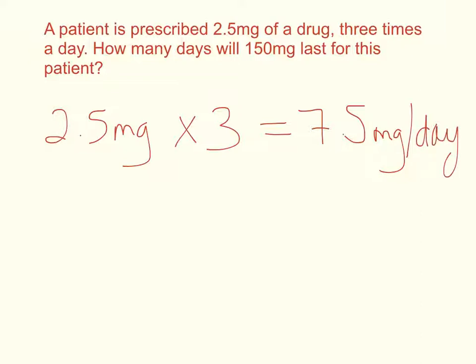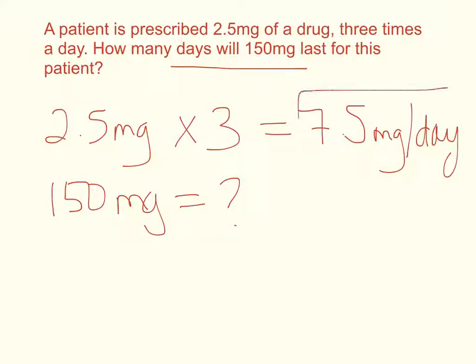And so the next thing that we're given is how many days will 150 milligrams actually last this patient. So what we're going to do is take that 7.5 milligrams per day, which can be read as a fraction. And we're going to create a fraction multiplying by another number so that the milligrams cancel out and we're left with the actual day component, which is what we want.